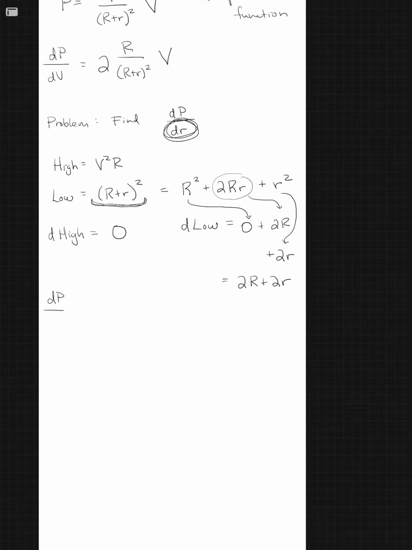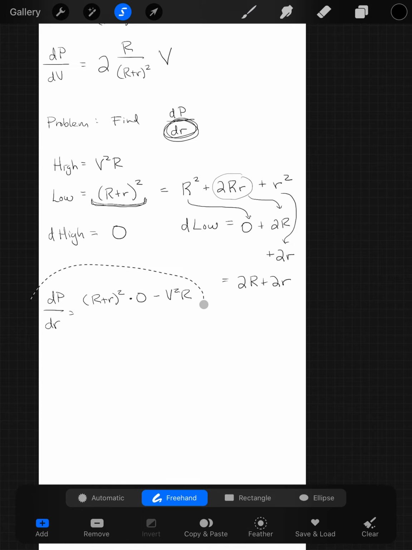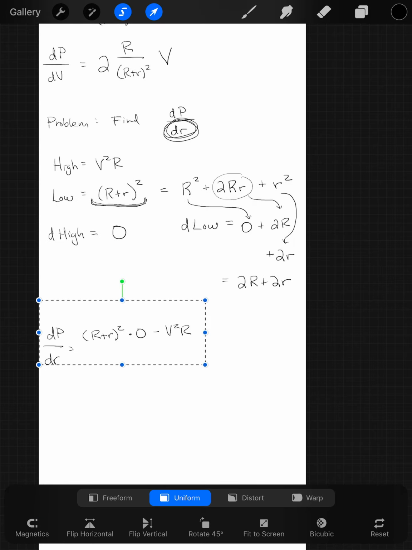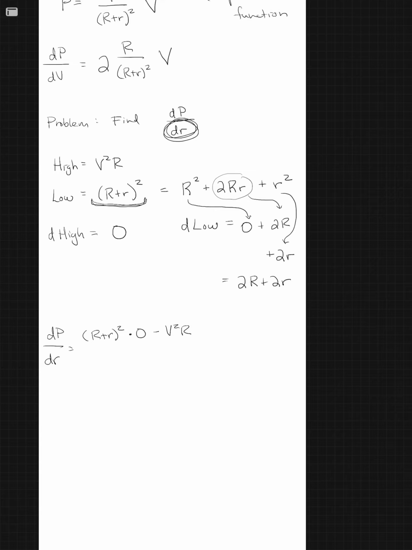Right, so that means that dP/dr is low d high minus high d low over the square of low. We can put it in simplified form here because we've already taken the derivative of it.